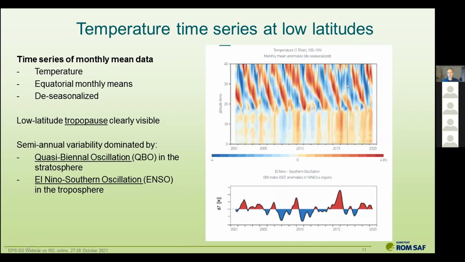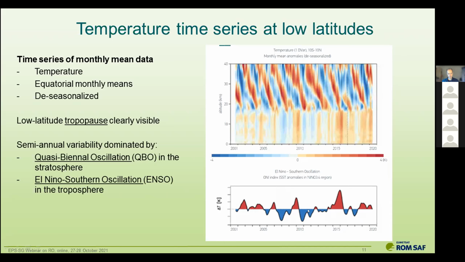We see the QBO here in the stratosphere. We also see the tropopause very clearly, and we see in the troposphere that the interannual temperature variations, at least, are very strongly dominated by El Nino, by ENSO.